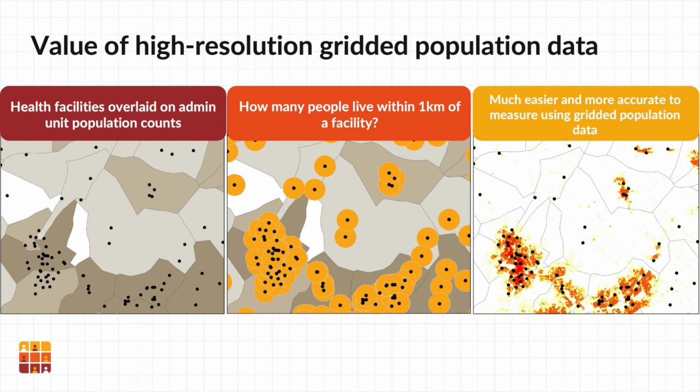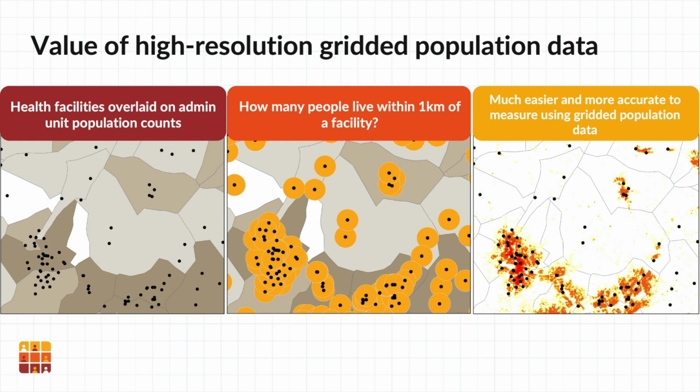On this slide, you can see the locations of different health facilities across different local government areas. The question that you want to answer is how many people are living around the health facilities, in order to understand the catchment area of these health facilities. With a normal dataset, you wouldn't know, because you would know only the total figure for the entire local government area.